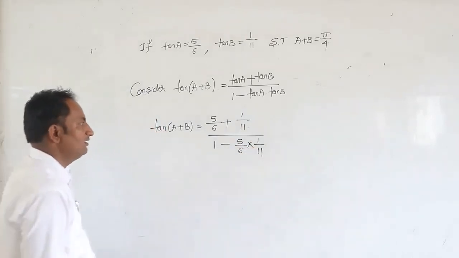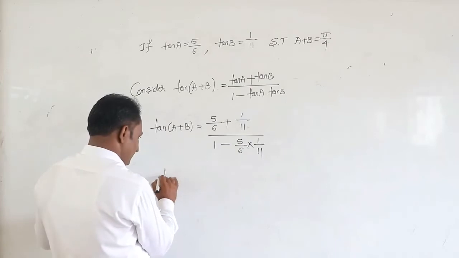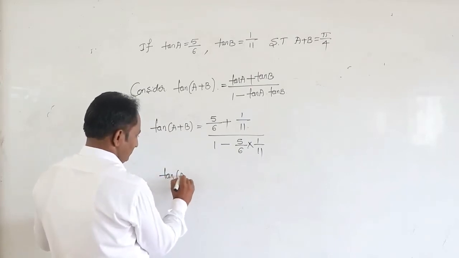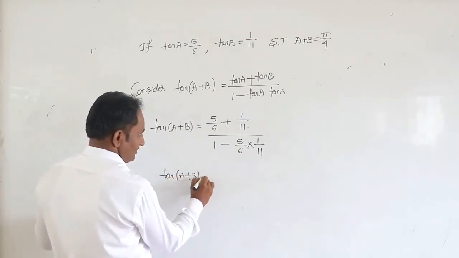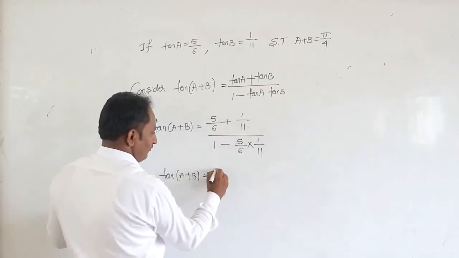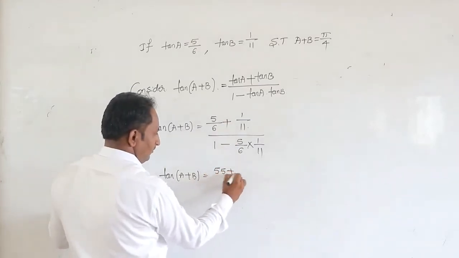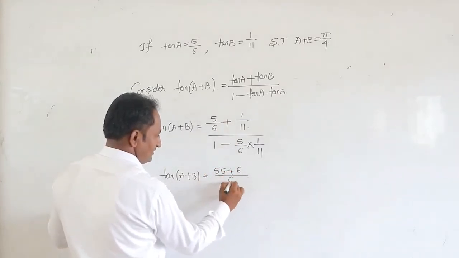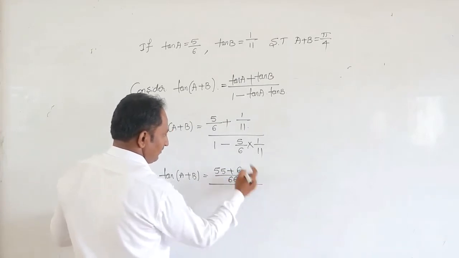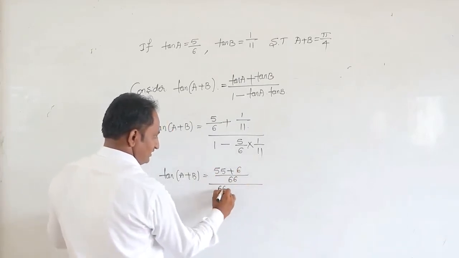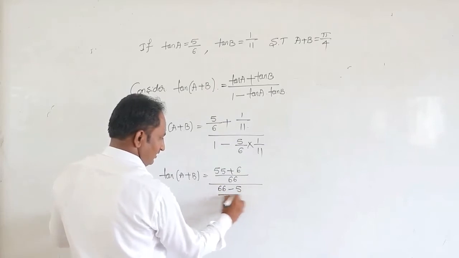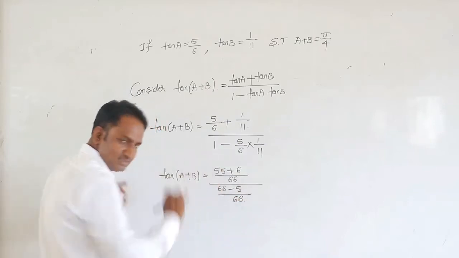That's tan of a plus b is equal to, here multiplying, 55 plus 6 divided by 66, whole divided by 66 minus 5 divided by 66.